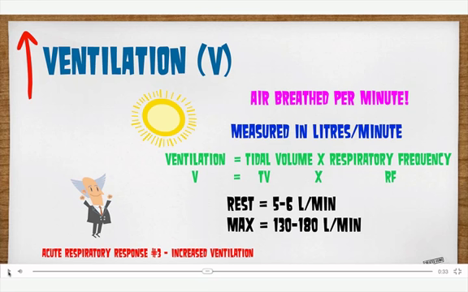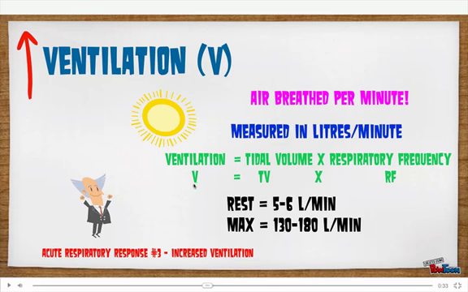It's also measured in litres per minute, and it's calculated like this: ventilation, often written as V, equals tidal volume, which is TV, times respiratory frequency, sometimes written as RF. At rest it's about 5 to 6 litres per minute, and at maximum it can go 20 to 30 times higher than that, at 130 to 180 litres per minute.